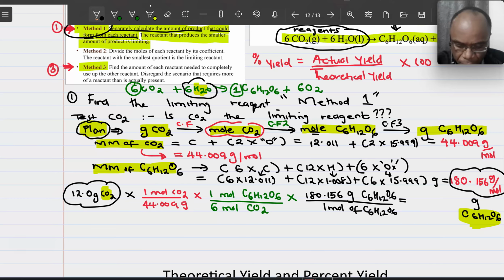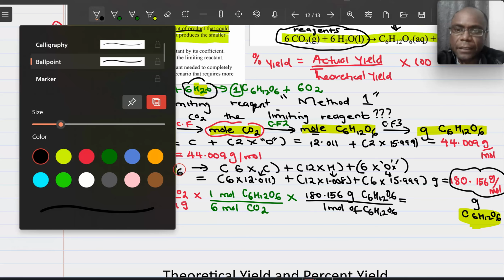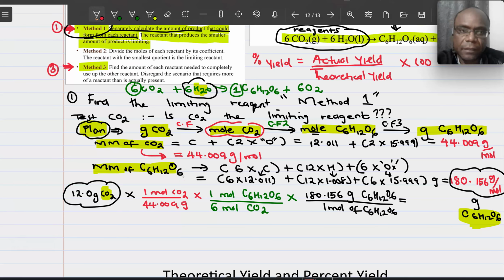You can do it too. The answer I'm getting, if CO2 was limiting, the amount of glucose to be formed would be 8.187 grams, if and only if the CO2, carbon dioxide, was a limiting reagent, meaning if all CO2 is going to be consumed in this photosynthetic reaction.